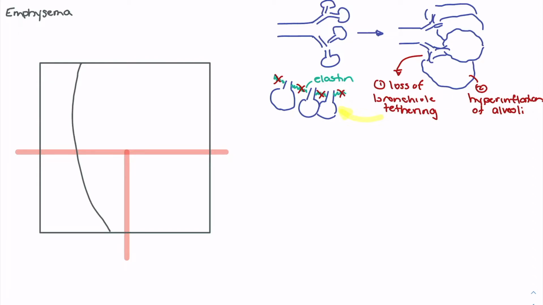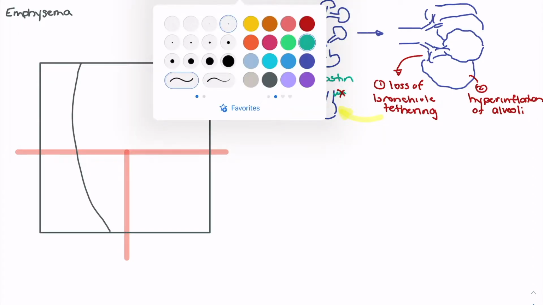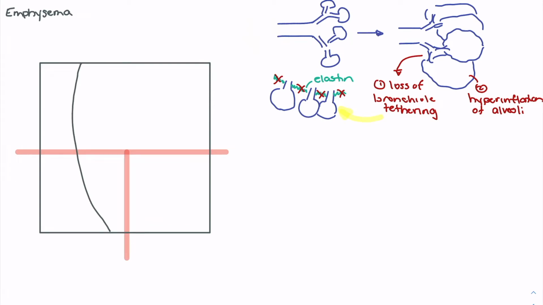Our alveoli typically are made up of a number of different things. We're going to draw in some of the important ones to emphysema here. We know that in our alveoli, we have lots of elastin. Picture these as being the cells of the alveoli, where essentially we've blown up a large piece of our alveoli to look at it off to the side.